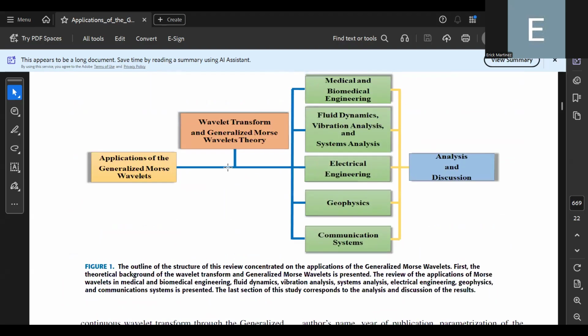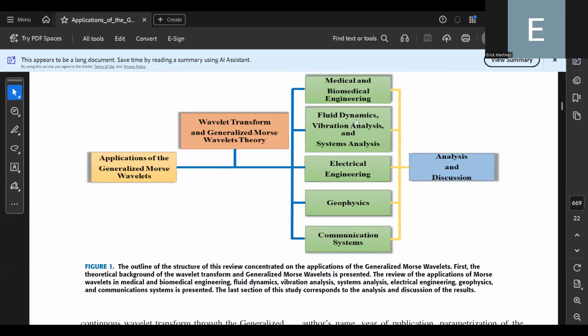So in this review, we separate the articles between different fields of application. For example, we review some articles that use these generalized Morse wavelets for medical and biomedical engineering, fluid dynamics, vibration analysis, system analysis, electrical engineering, geophysics, and communication systems.